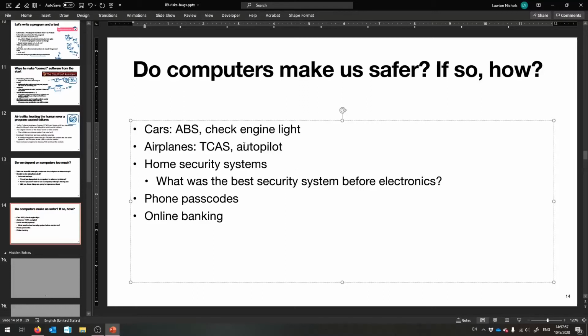And I think we could talk all day about this stuff. Home security systems, things like that. They make you personally feel safer. Like you can see your porch whenever you want because you have a camera there. Okay? I guess I don't need to write anything there. And what was the best security system before electronics? Probably just a bunch of dogs, right? Sometimes the dogs fall asleep, that is.